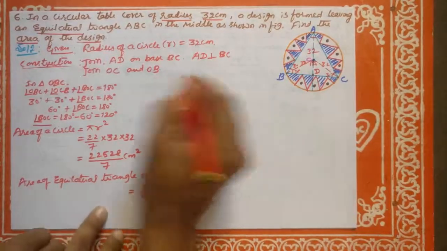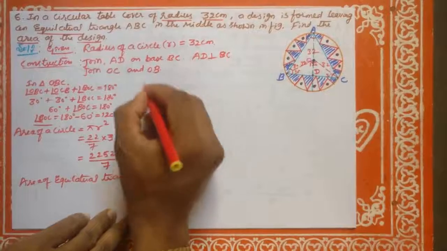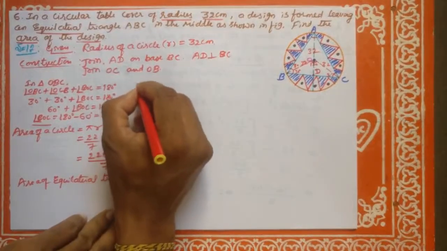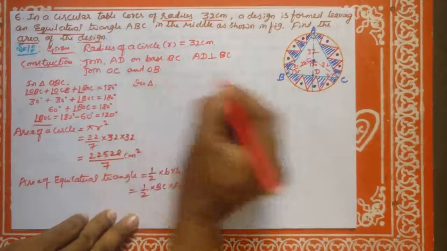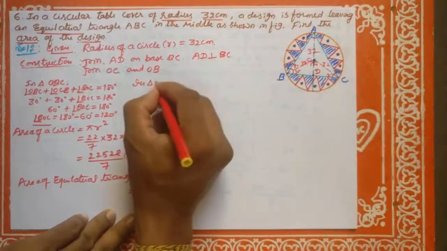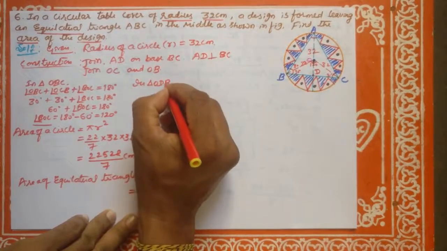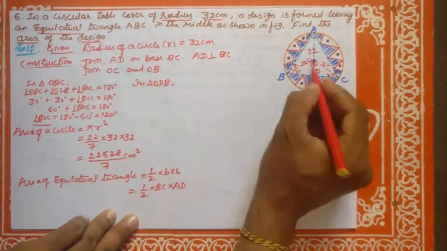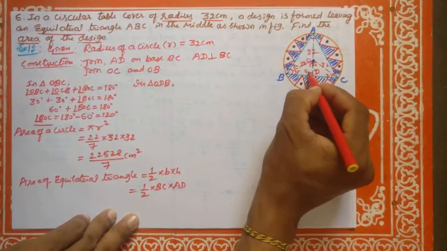Okay, let us see now. In triangle ODB, angle ODB is equal to 90 degree.